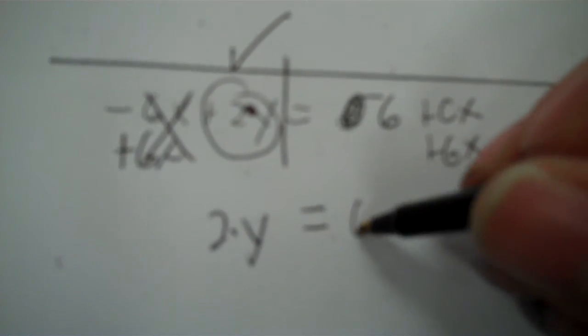So 2 times y is going to be 6x plus the negative 6. Do your x first. Divide everything by 2. Now 6 divided by 2 is an integer, it's 3x, so I put that down. Negative 6 divided by 2 is negative 3.